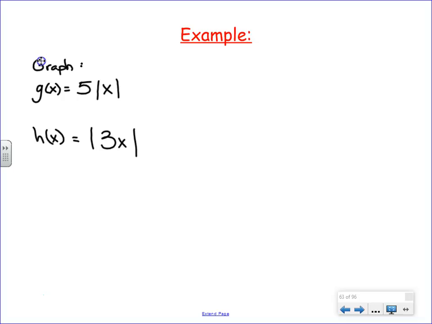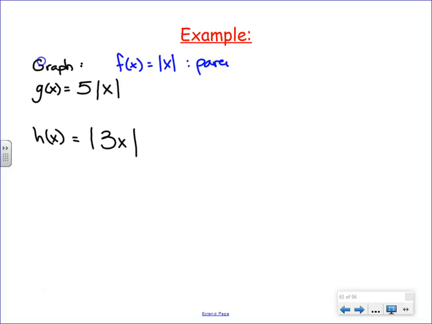Who's my parent function? Oh, parent function, that was last like Thursday. Absolute value, take away all the extra, the 5 and the 3, and say who's left. So my parent function would be absolute value of x.